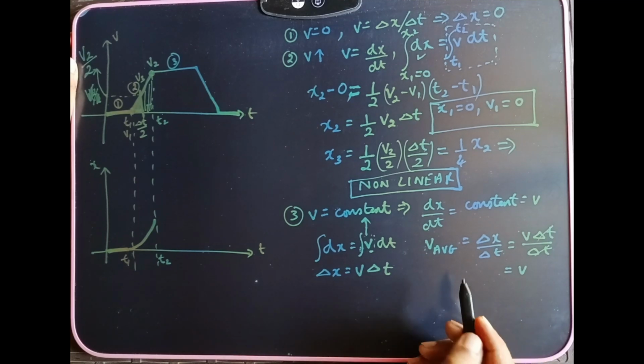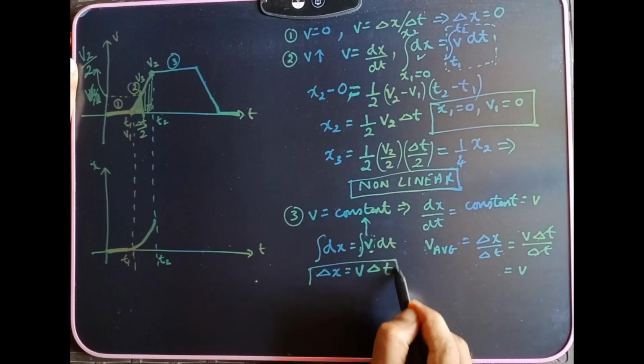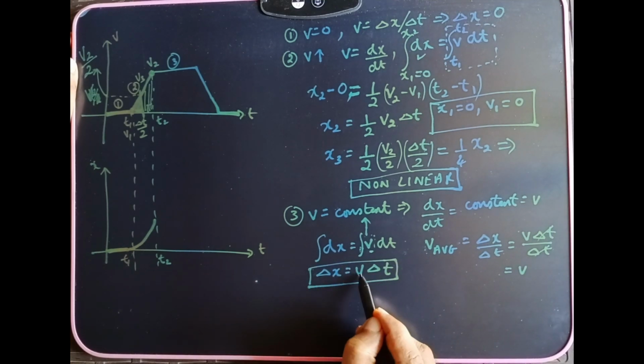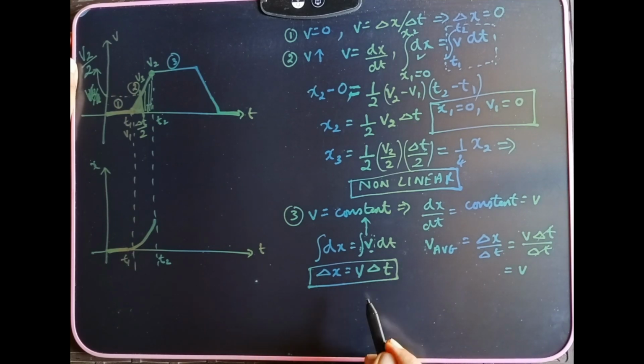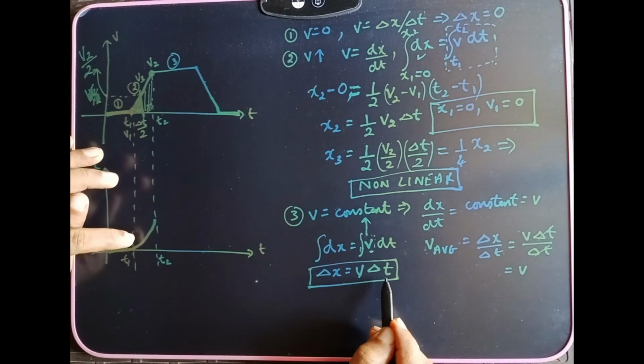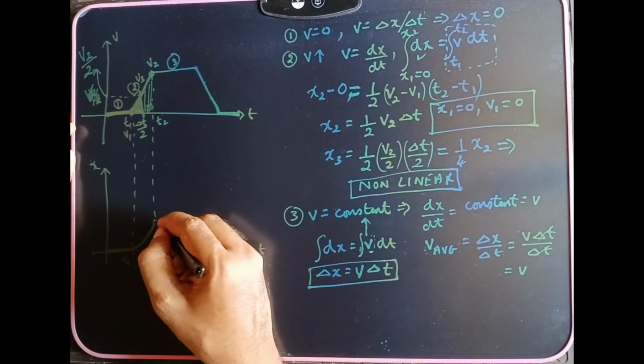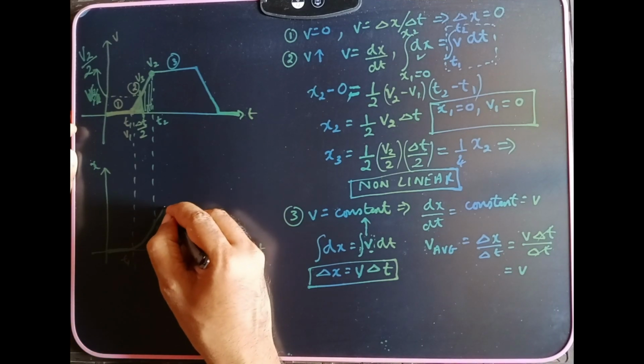So it clearly says that change in displacement is constant times change in time. That means as time changes, displacement changes as a multiple of constant velocity into the time. So it has to be a straight line.